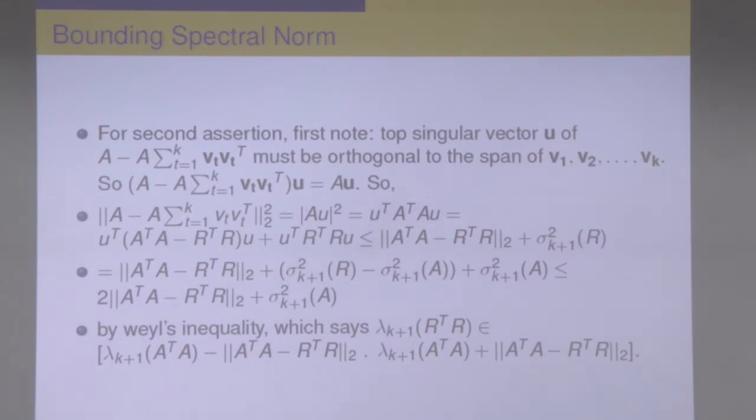So let's remember that again. I'll write a short proof of this. This is one of the many inequalities in linear algebra. It says for a symmetric matrix, like R transpose R is, I take the k plus first, or any eigenvalue, in decreasing order. Eigenvalues are in decreasing order. That is at most, I've written in a particular way. Let's write it as an inequality here.